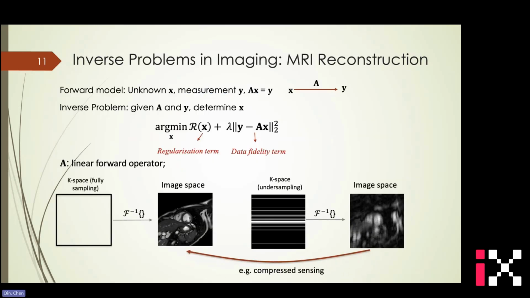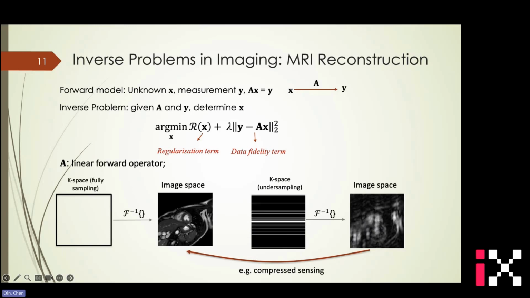Right, so we're talking about inverse problems. Maybe we should define what an inverse problem is. The forward problem is: given an unknown x, we want to measure y, that is from x to y with some operator A. For the inverse problem, given this A and y, we want to determine x.